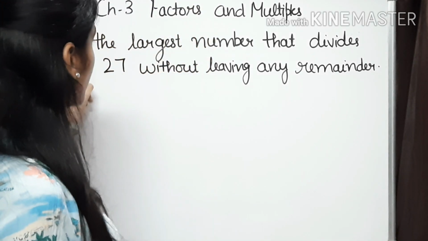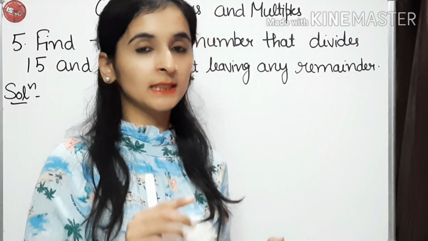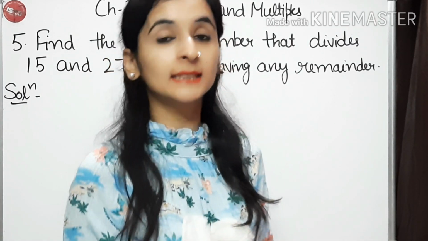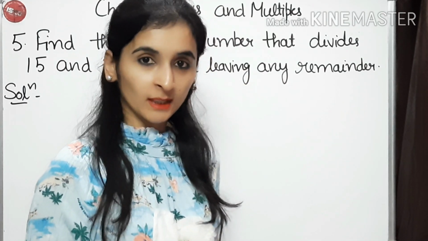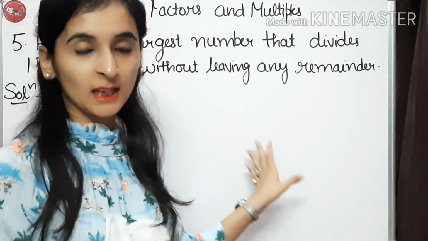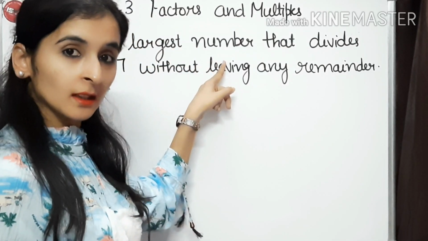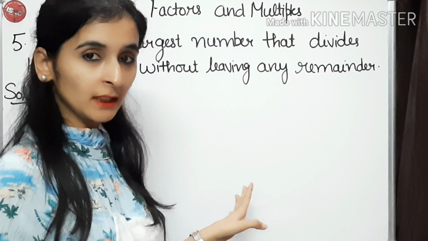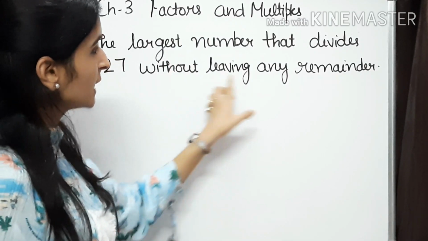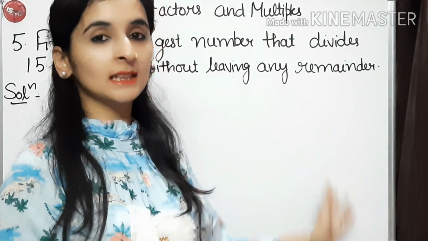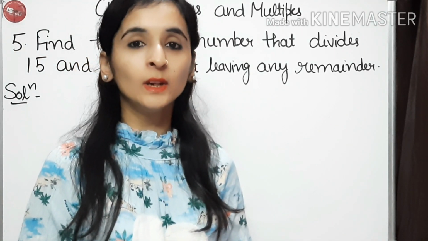The definition of HCF is the largest number that divides the given two numbers exactly. So it is clear from the question itself that we have to find the HCF of these two numbers.